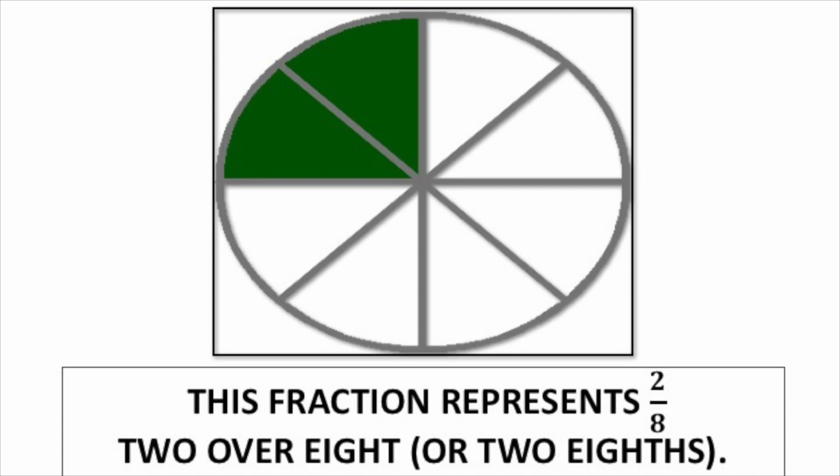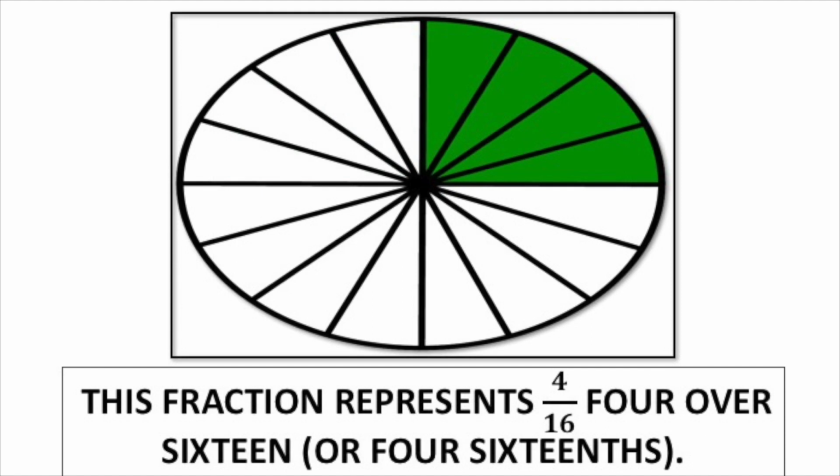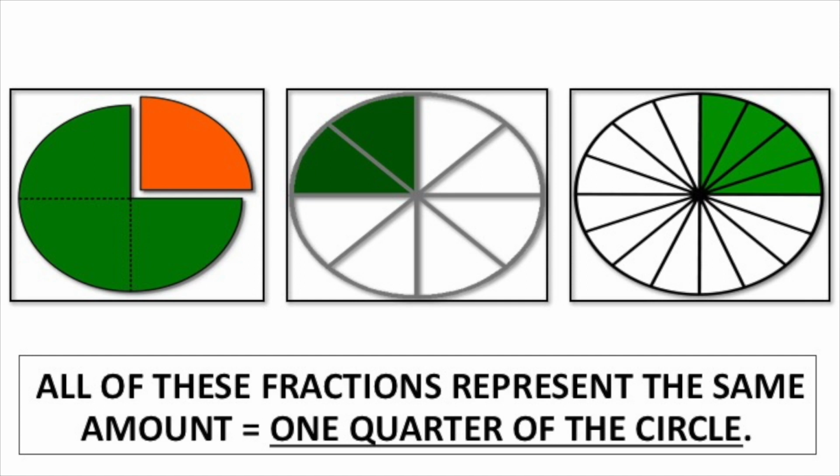Let's have a look at another one with a larger amount. How about this circle? How many parts to the circle? 16. How many parts in green? 4. This fraction represents 4 over 16, or 4/16. Yes. Well, look at them again closely, and you'll notice, actually, they all represent the same amount.